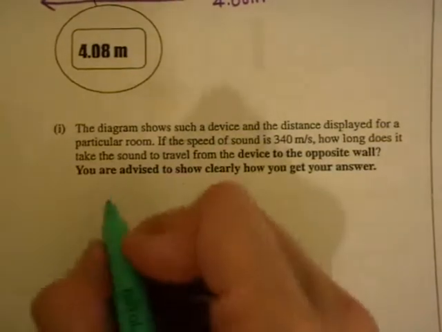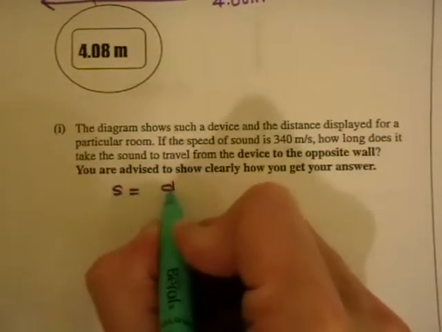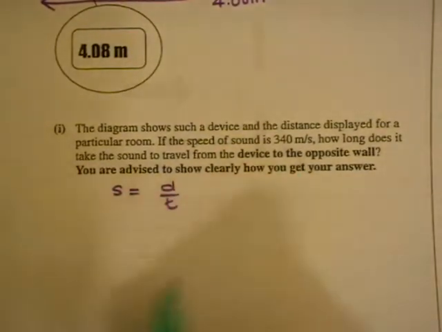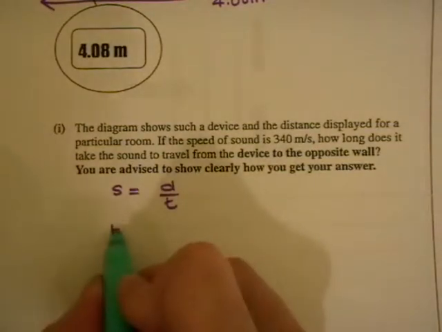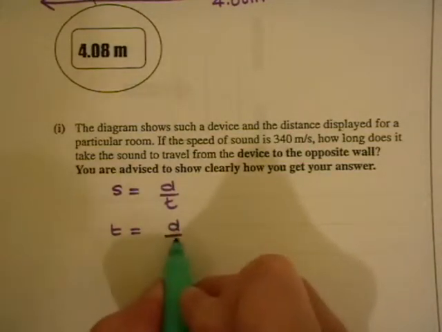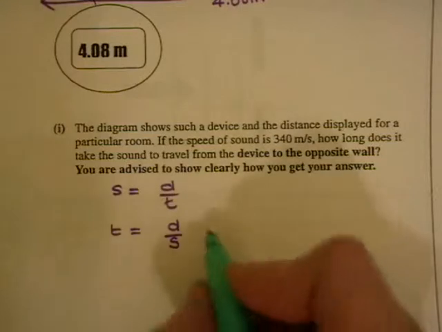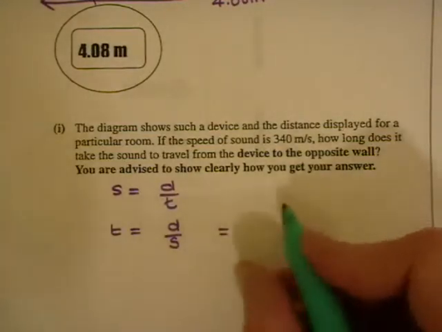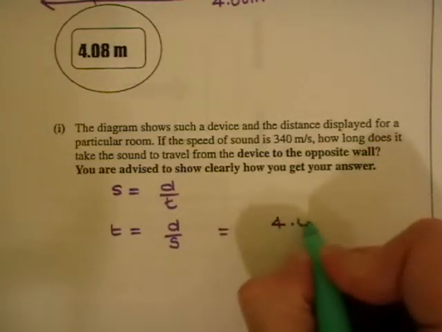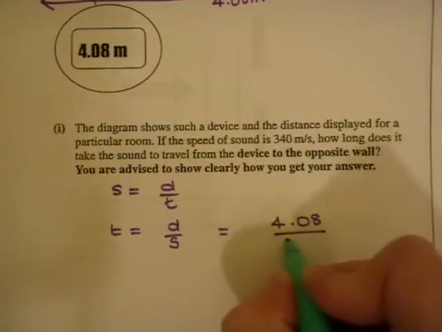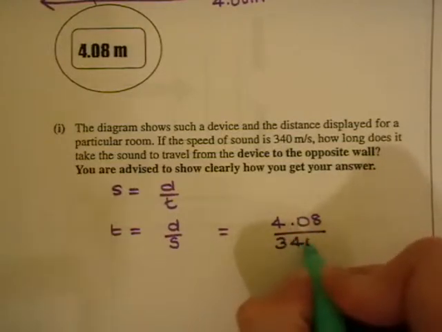So you're just doing speed is equal to distance over time. Rearrange your equation, so time is going to be distance over speed. And that's going to give you 4.08 metres divided by the speed, which is 340.